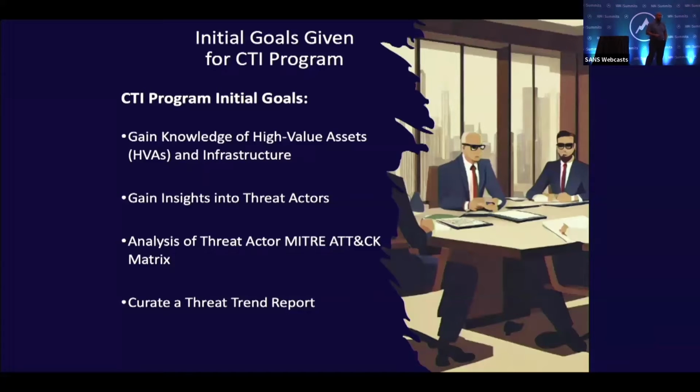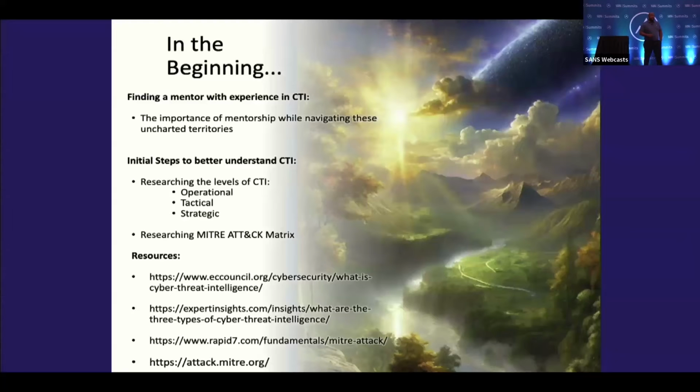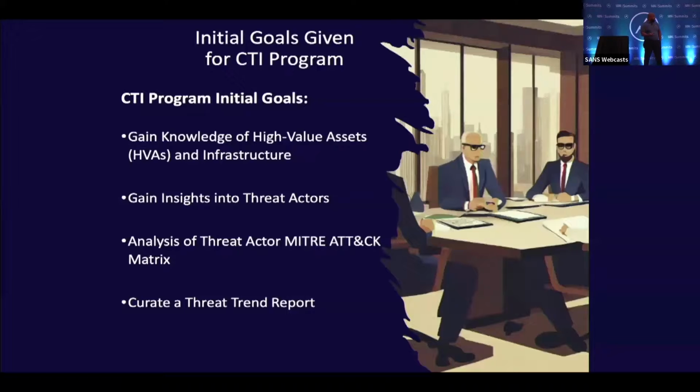If there are any found, then you will be going into more of the analyzing of their threat MITRE ATT&CK matrix and finding out if your organization has any protections for that in the company. And last, the threat trend report. That trend report would also have in it the sector threat trends and more details into your threat actors targeting the organization.